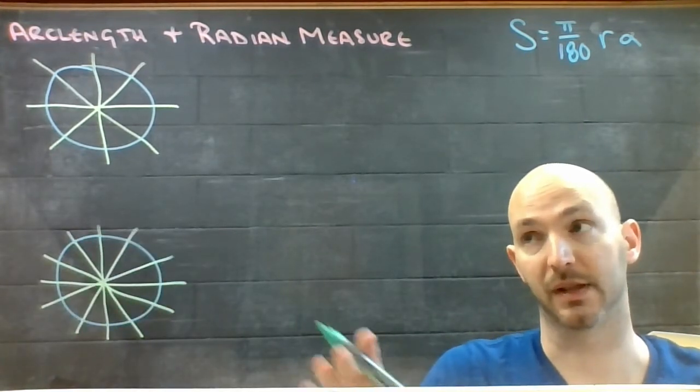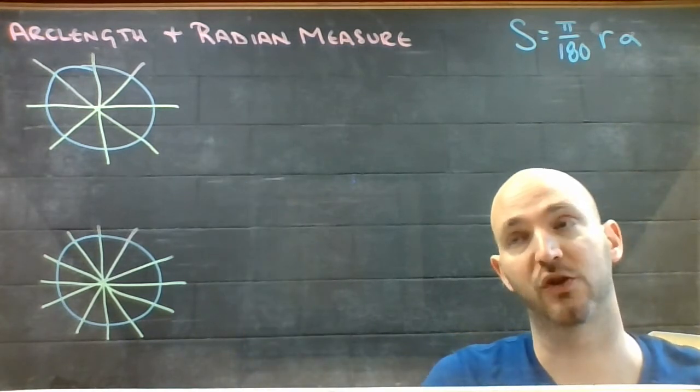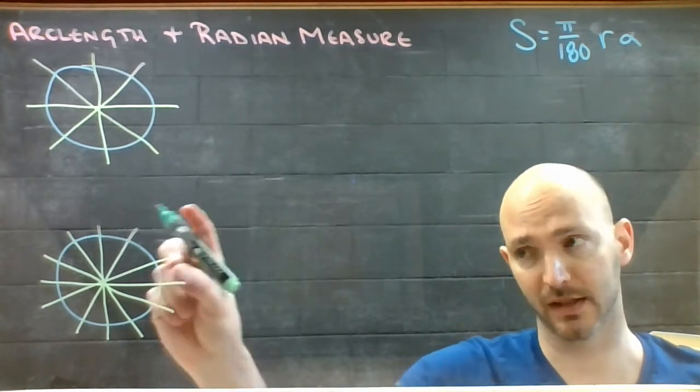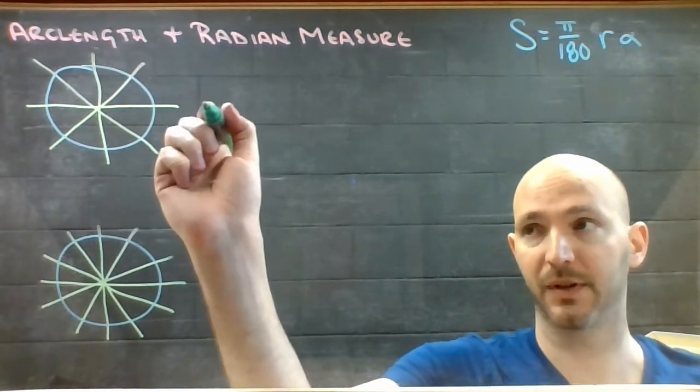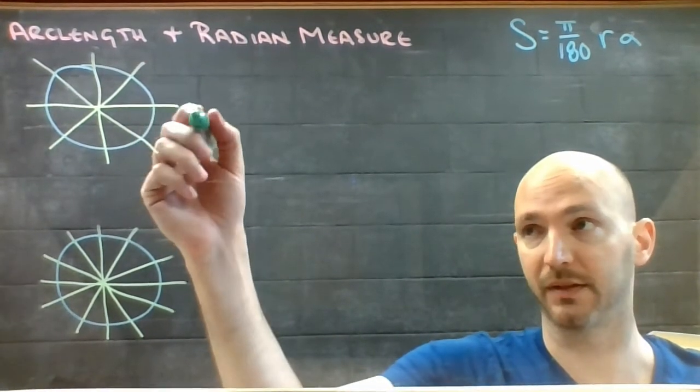So what I'm going to do is take a full circle and chop it up into chunks, like these little wedges that are equally spaced. In this top one here, I'm going to do 45-degree increments.